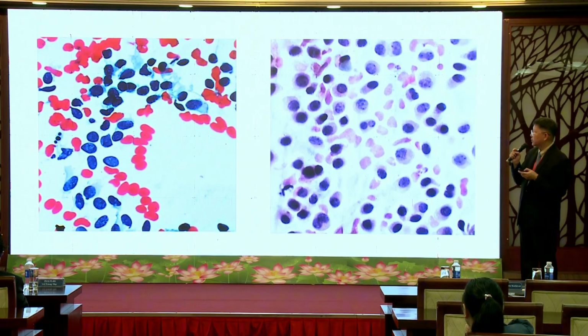But for this case, you can see the cells look very typical for pleomorphic adenoma, with plasmacytoid appearance and spindle or ovoid nuclei, which are very typical for myoepithelial cells. Actually, both are myoepithelial cells, but they have different morphology.